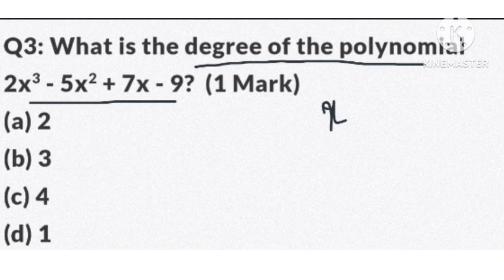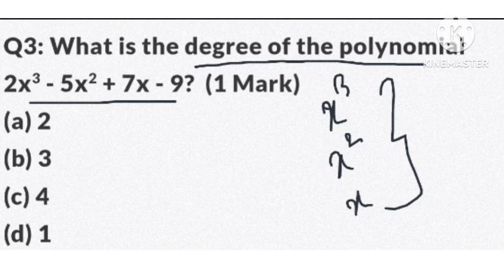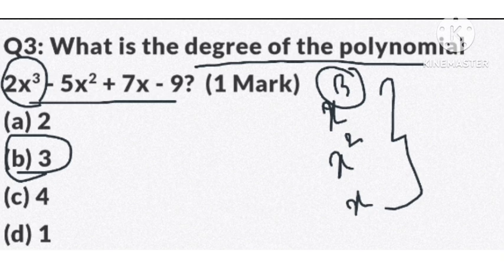So you can see here there is x cube, x square and x. What is the highest power among these? It is 3. Okay, so the answer will be 3. The degree of the polynomial is 3 because the highest power of x here is 3 as compared to the others. So option B is the right answer.